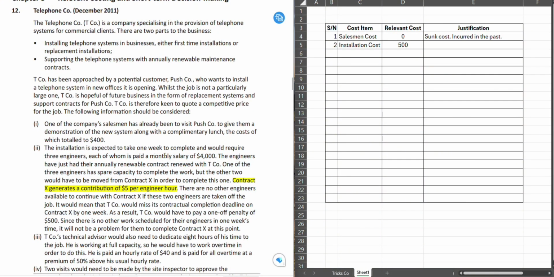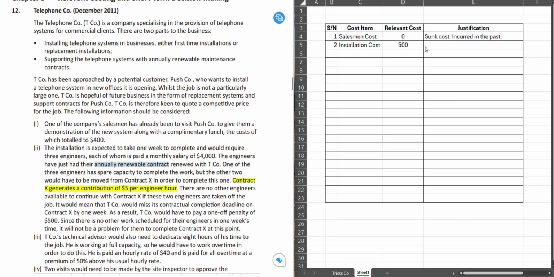They are already on annual contracts. As you can see, they've renewed. Yeah, annually renewable contract. So whether they do this new job or they don't, they will get paid. They have a 1-year contract with us. Okay, so their salary is sunk.